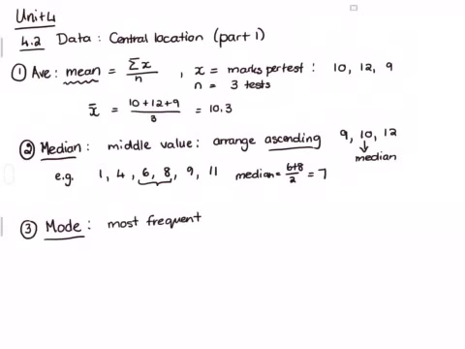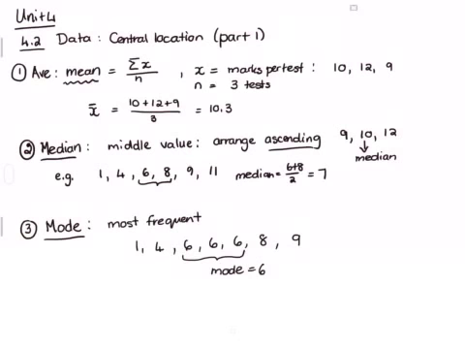So if we look at our previous example, but we change the info a little bit, so we could even say these are test scores or number of children per house, etc. Then 6 appeared the most frequently, so the mode equals 6.